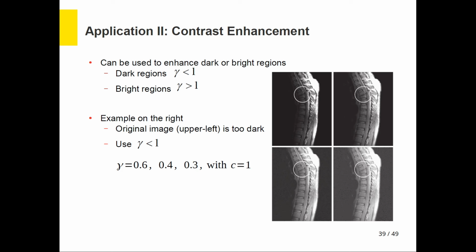So the resulting image is much brighter than the original one. This is the original image that you have. This is after using a gamma value of 0.6. This is after using a gamma value of 0.4, and this one is after using a gamma value of 0.3.